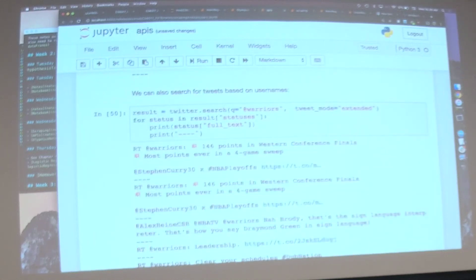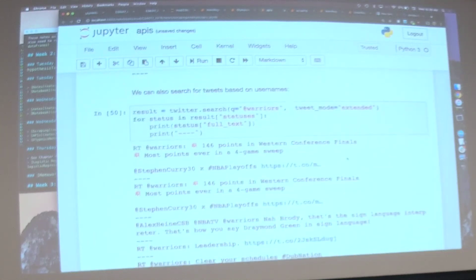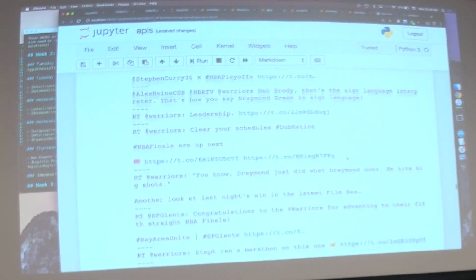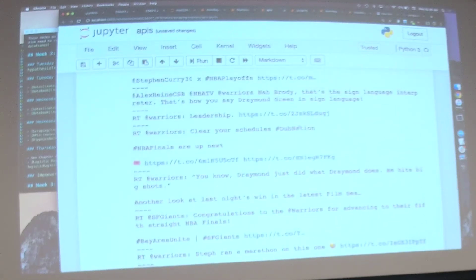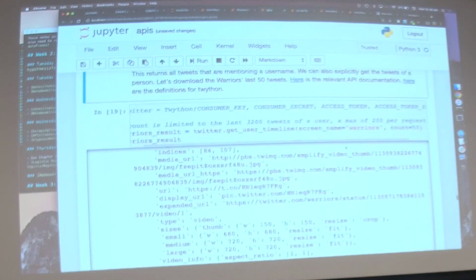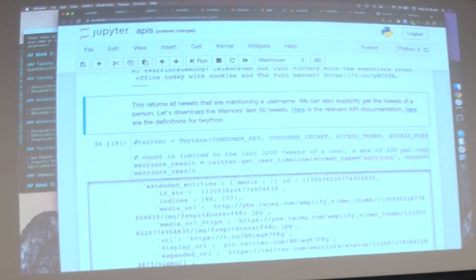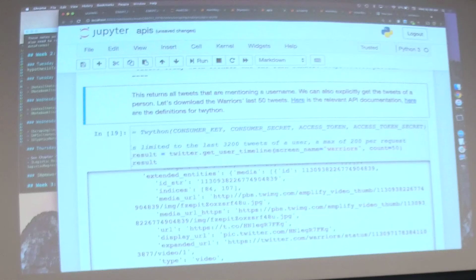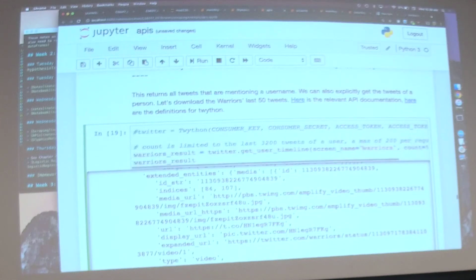So here we're going to grab some tweets from the Warriors. So yeah, that's what the Warriors are saying. We can also, these are the dimensions, sorry. Here we're getting the timeline for the Warriors.